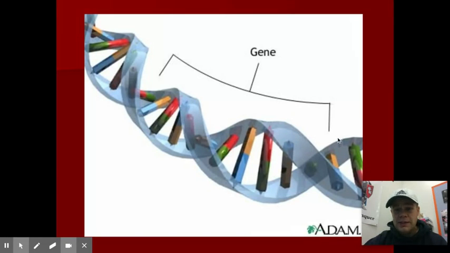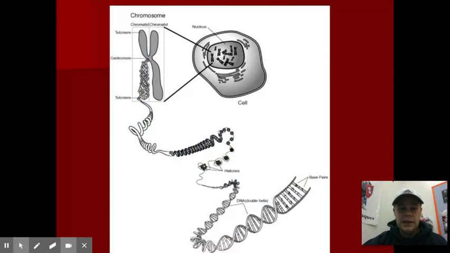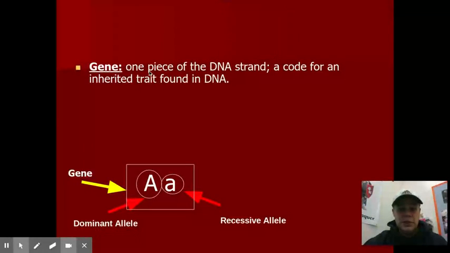And the one next to it maybe is for whether your hair will be curly or straight. And the gene over here is for how tall you are, or you will be when you're an adult. And you connect all those genes together, and you get your long DNA strand. That's what a gene is. One piece of the DNA strand, a code for one inherited trait. Every gene equals one inherited trait.